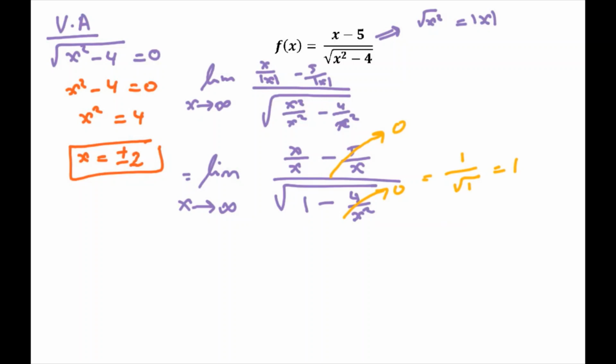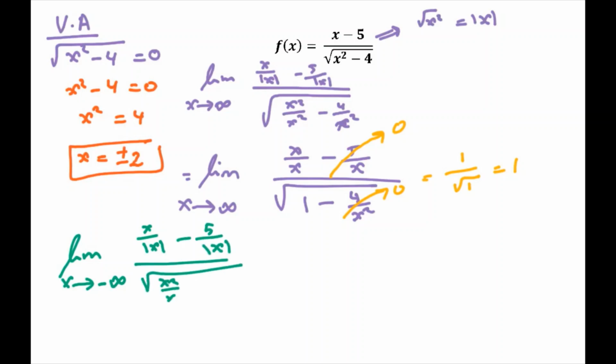Now, what about if we are finding the limit as x approaches negative infinity? We are going to start with the x over absolute value of x again, minus 5 over absolute value of x, again square root of x squared over x squared minus 4 over x squared. Well, if it is approaching negative infinity, then the absolute value will be negative.